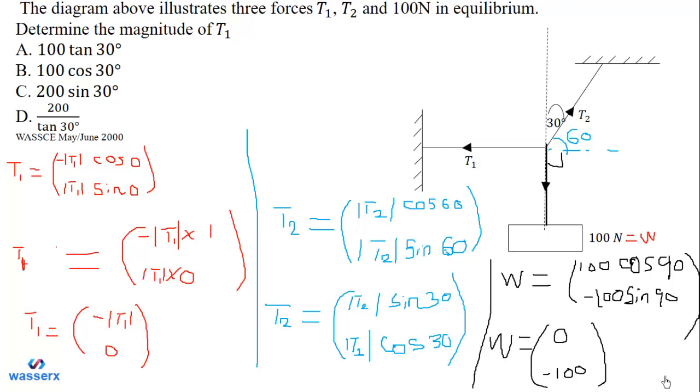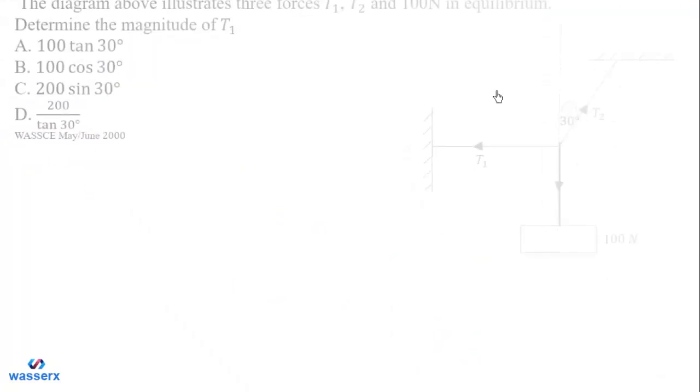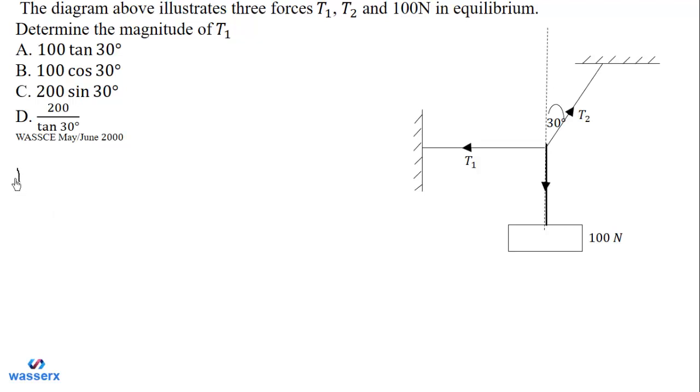So we add all of the forces and it must be equal to 0. So let's do that. We have T1 plus T2 plus the weight must be equal to 0. So this is the 0 vector we are talking about.